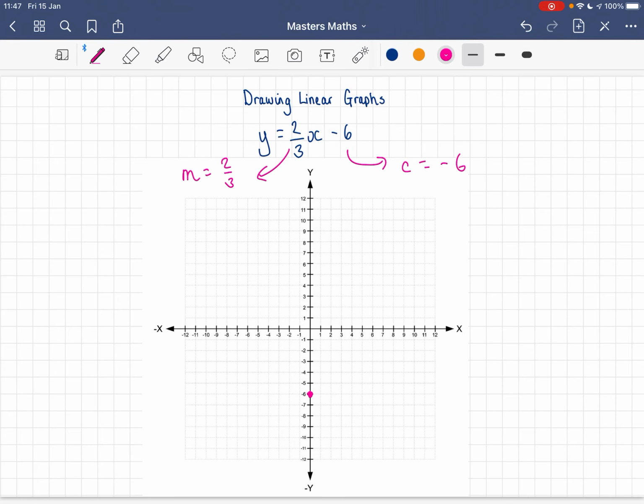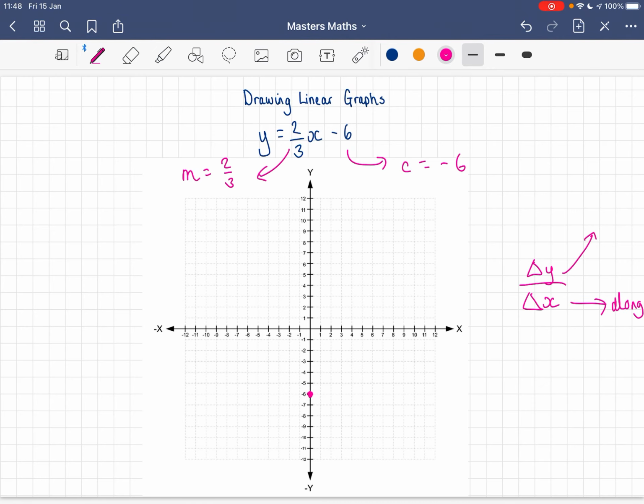Now, the way I always think of this is my gradient is change in y over change in x. Don't worry too much about my notation there. The triangle just means the change or the difference between two y values. So change in y over change in x. That means the bottom number is my x value, and that tells me how far I'm going along.